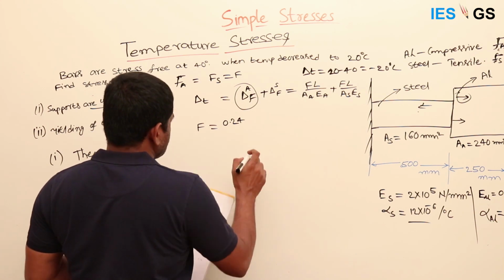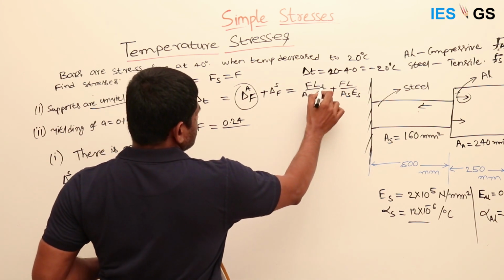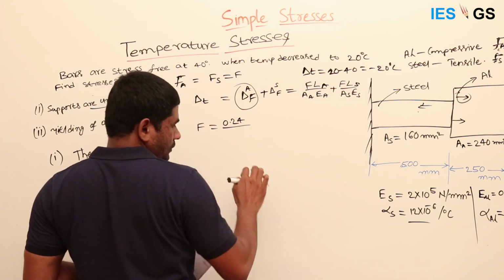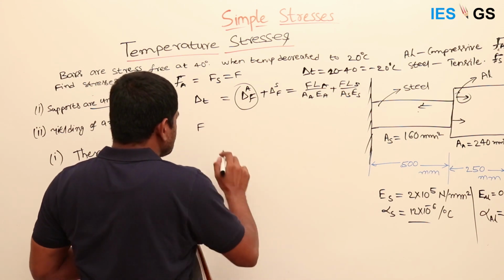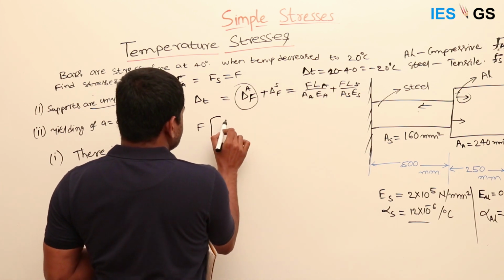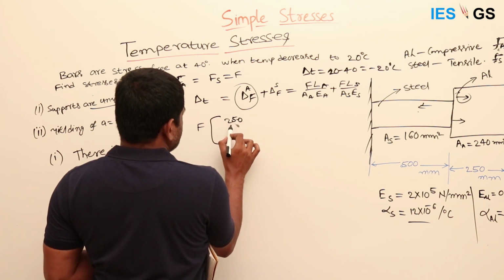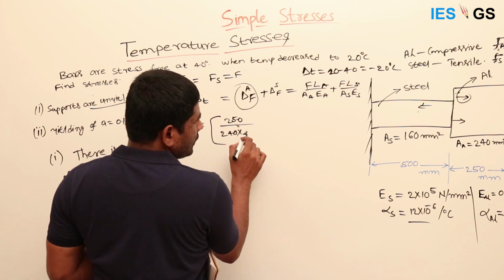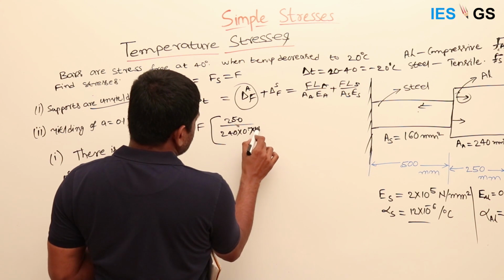0.24 divided by L. See here, this is LA and this is LS, because L is not the same. Otherwise I would substitute there itself, so that it will be easy for us to calculate. So here this is LA for the A, 250 divided by area 240 into, for the aluminum, 0.7 into 10 power 5.